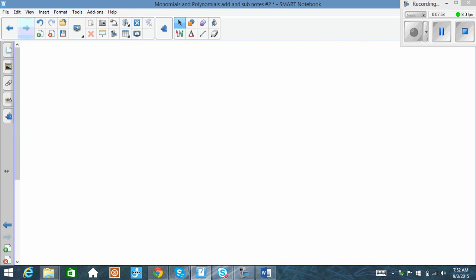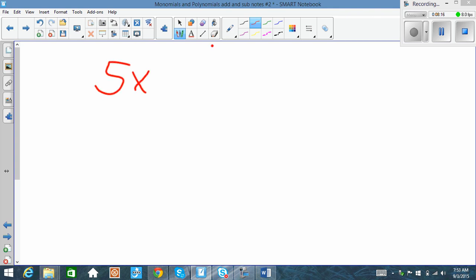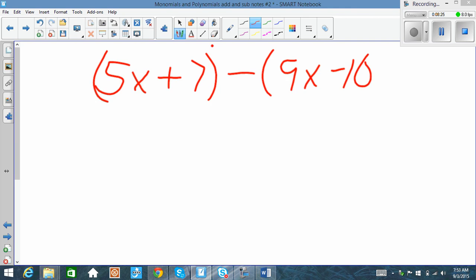Some more examples. Another example of doing that same problem is what we call the stack method, or lining it up. So I'm going to give a couple examples of those. All right. So if I had the same problem of 5x plus 7 minus the 9x minus the 10, what you can do is do a stack here.